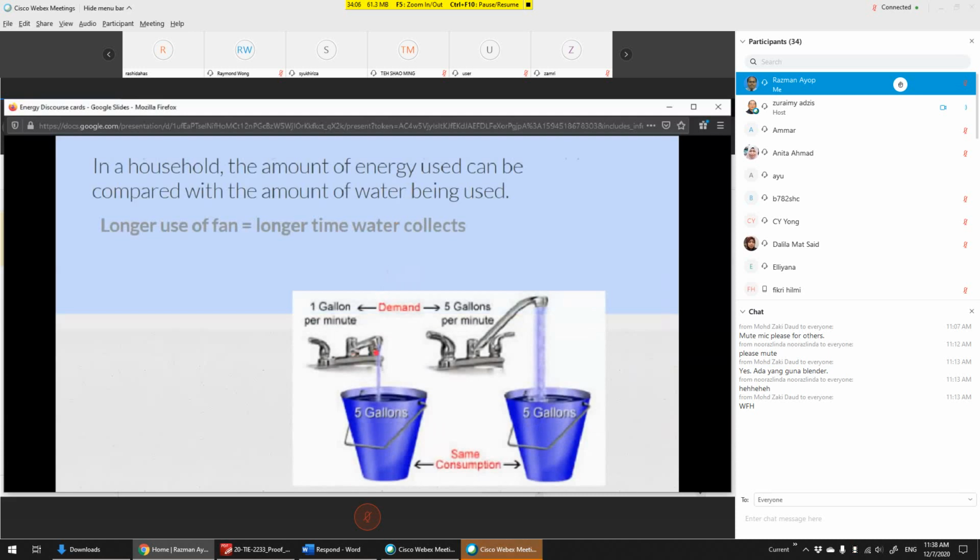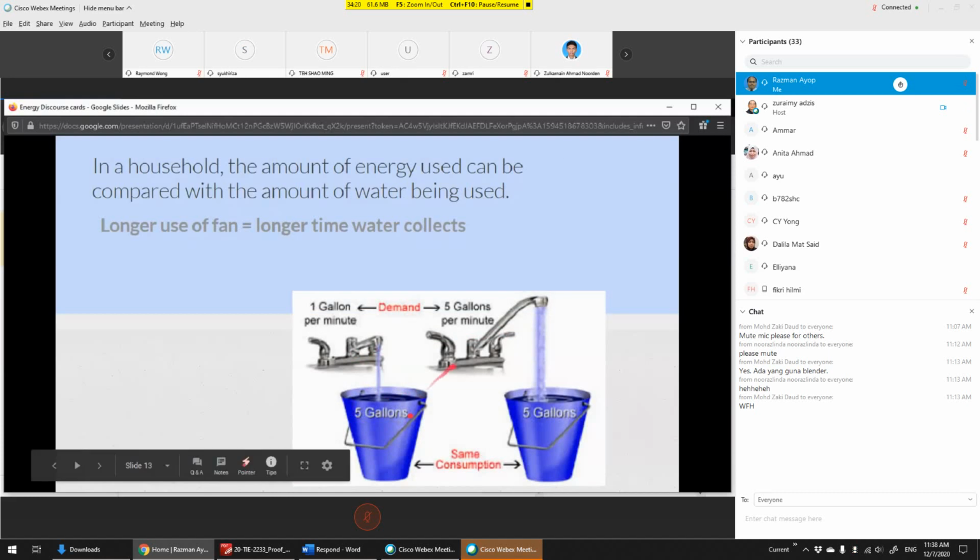Ini tap dia kecil. This one, the tap is bigger. In this tap, water can flow at 1 gallon per minute. So it takes 5 minutes to fill up the pail. Dalam case ni, the other case, 5 gallons come out, so it takes only 1 minute to fill up this pail.